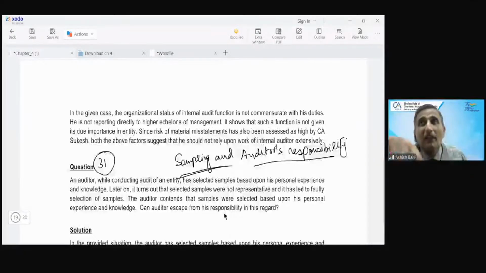It is his responsibility to see that samples remain truly representative and a proper method is used to select samples. So whether he uses his personal knowledge and experience to select samples, these have to be representative of the population, because by the definition of a sample, as you know, under SA 530, samples have to be representative of the population.